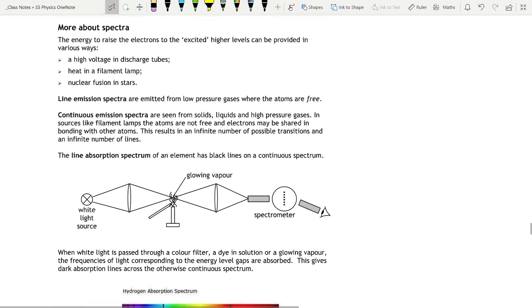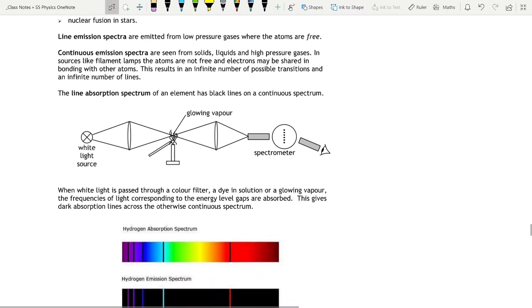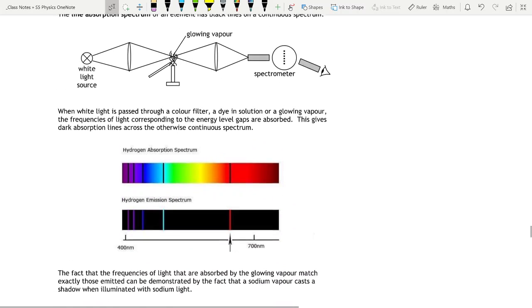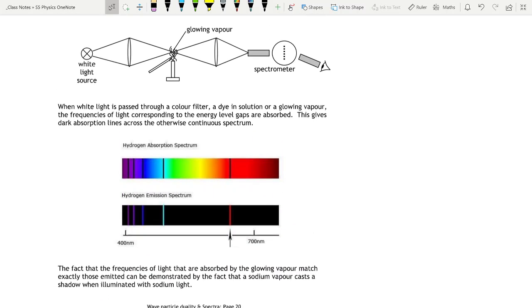We're just going to look briefly at more about spectra because we've done this in National 5. At the bottom of that page, you've got the examples, which I've put in colour, of absorption and emission spectra.